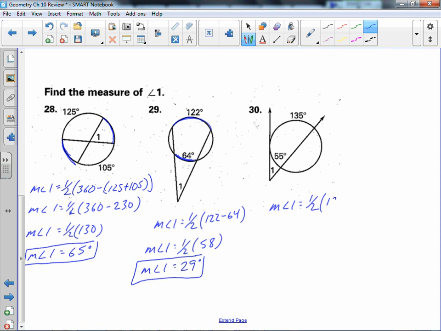So 135 minus 55. Measure of angle 1 equals half of 80. So angle 1 is going to be 40 degrees.